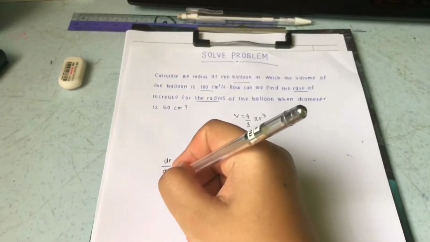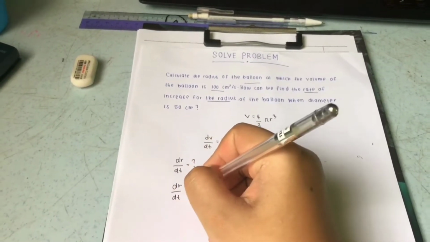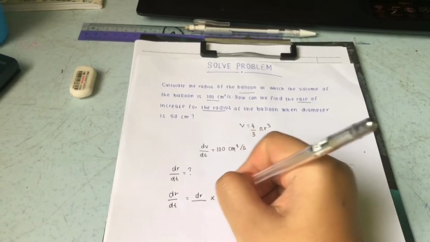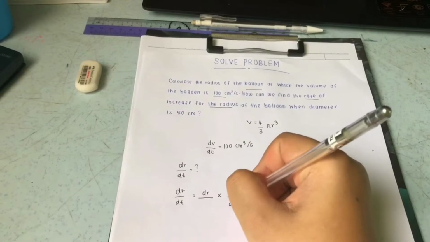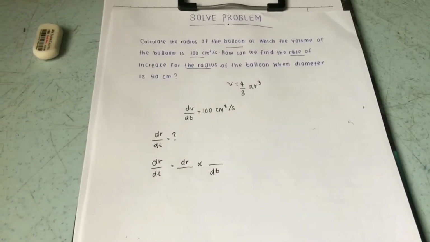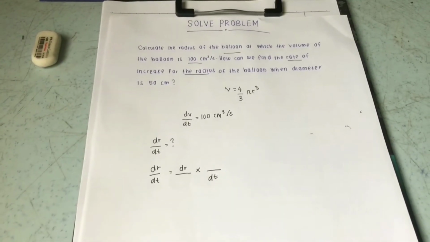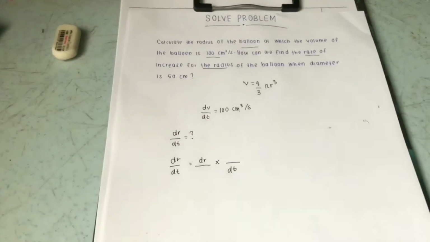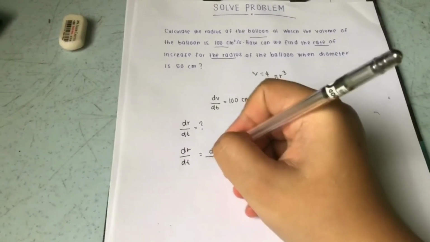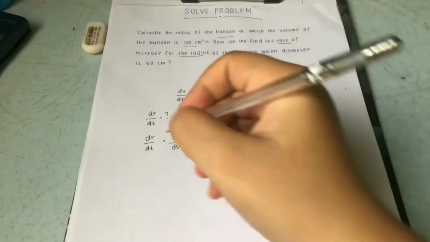So step 1, we try to separate dr over dt into two parts. Now the value that I'm going to substitute here depends on the information that we have. The information that we have is dV over dt, so I'm gonna insert dV in the numerator and denominator.